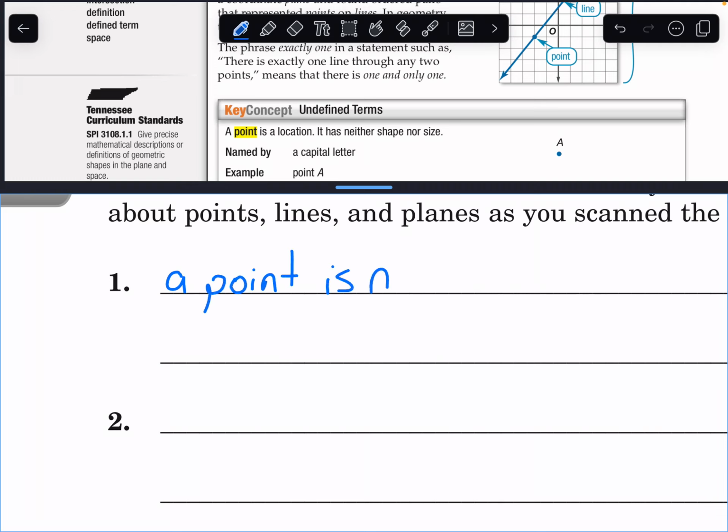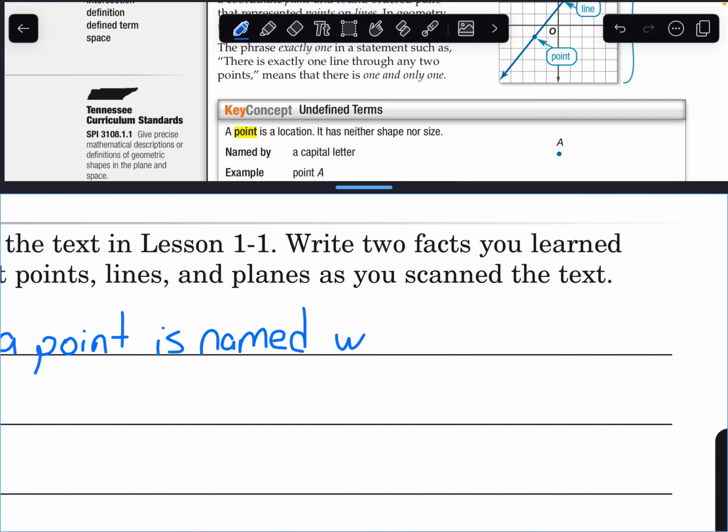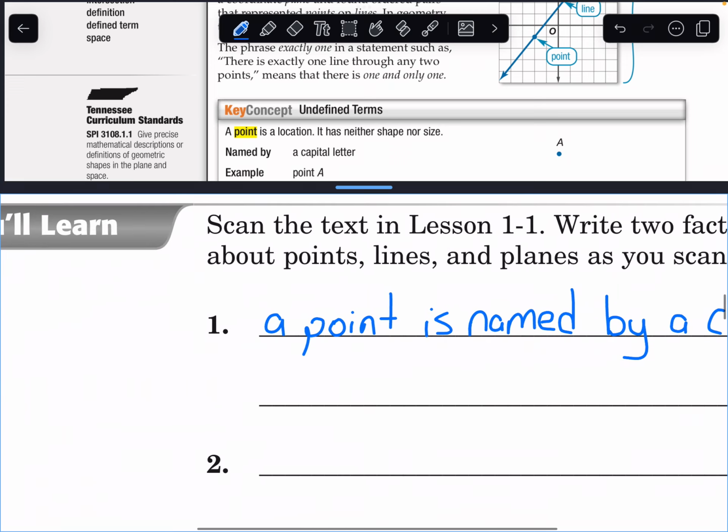Point is named, it said, by a capital letter. There should be a semicolon there.